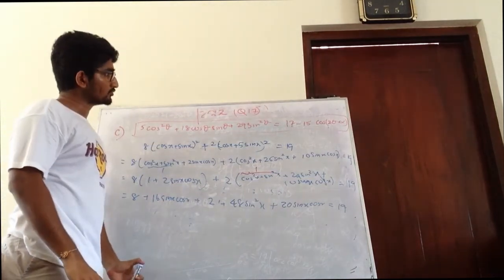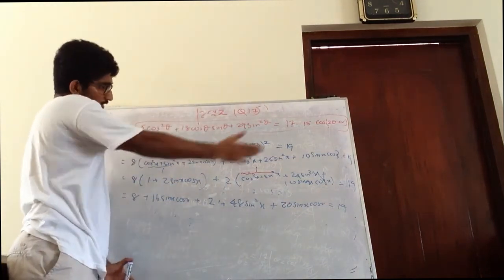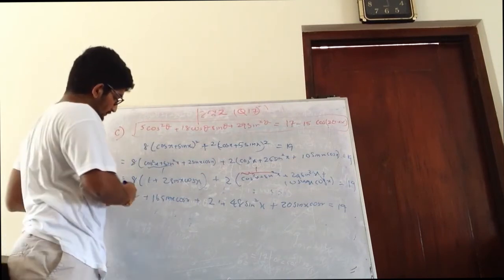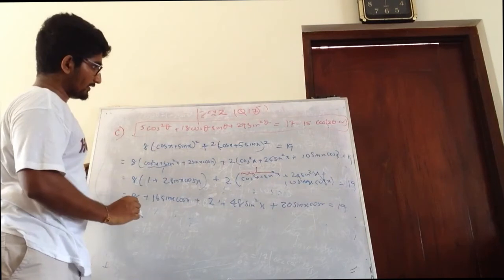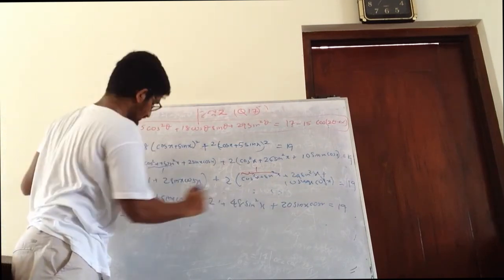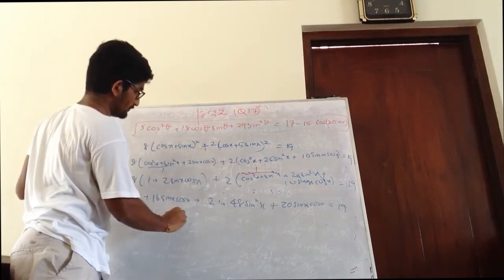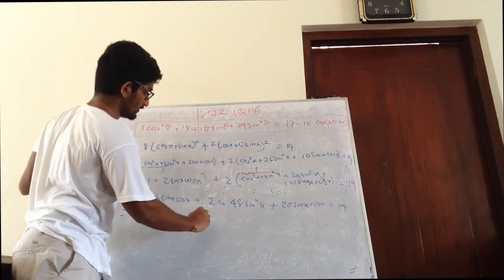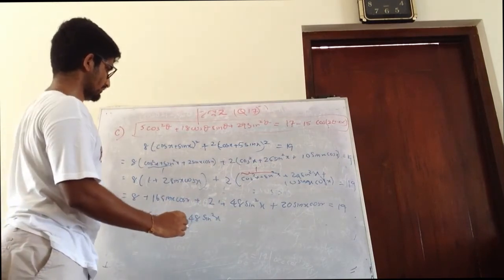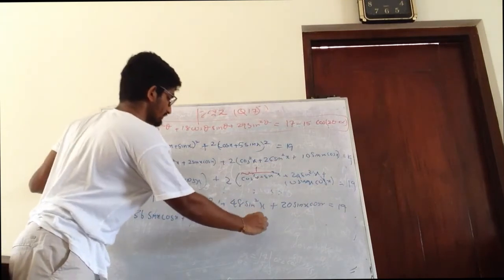So what am I going to do? There are no constants here, so I'm going to put all the constants on the other side. Basically I have 36 sin x cos x plus 48 sin squared x equals 19 minus 2 minus 8, which is 9.